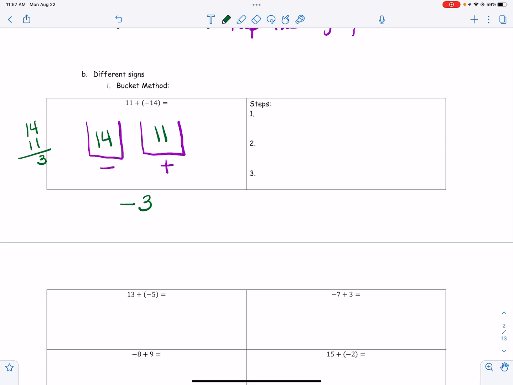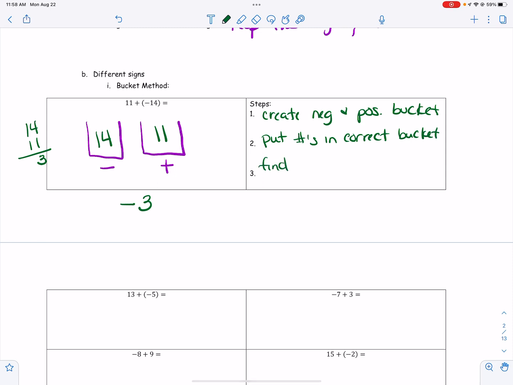So, the steps: create a negative and positive bucket, put the numbers in the correct bucket, find the sign of your answer, and then take the difference between the two numbers.